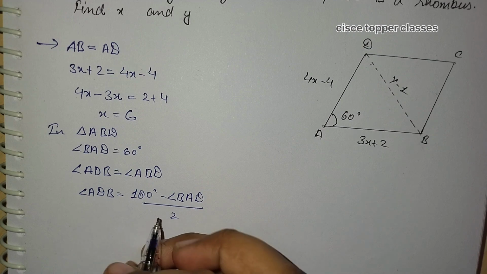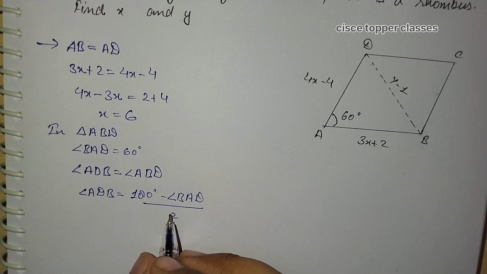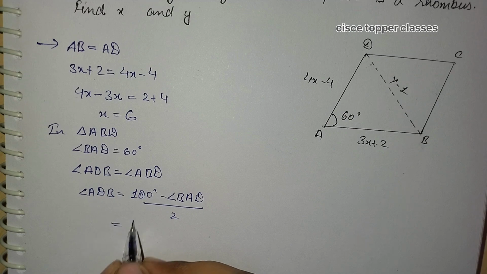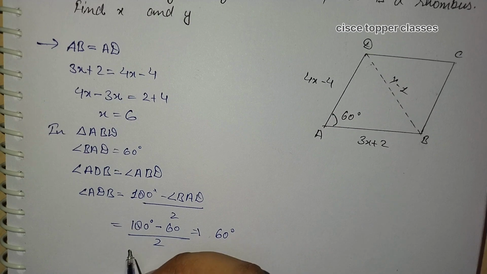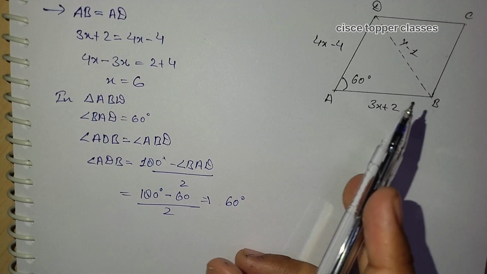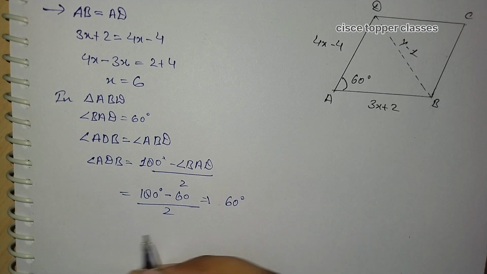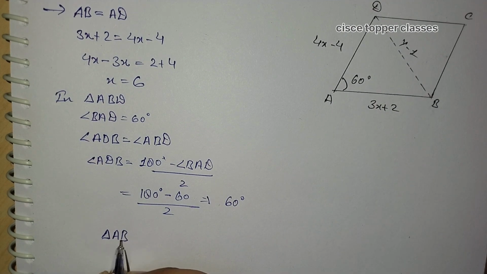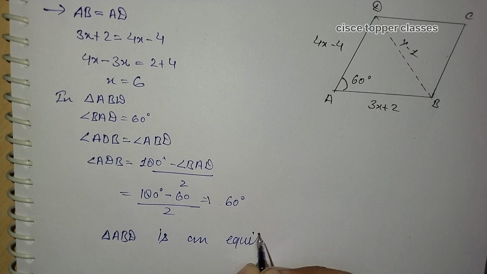So we can simply solve this part. We will put the value of BAD as 60 degree, as given. So 180 degree minus 60 degree divided by 2 will be 60 degree only. Now we have ABD is an equilateral triangle. Each angle of this triangle is 60 degree here. So we can simply say that ABD is an equilateral triangle. From here we proved it.